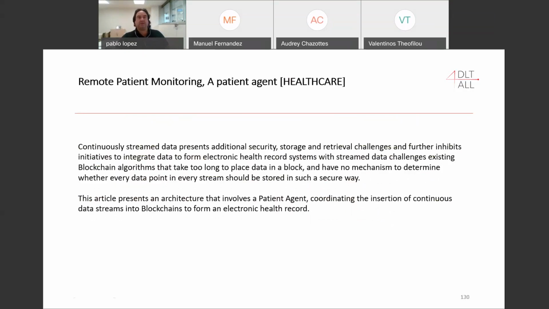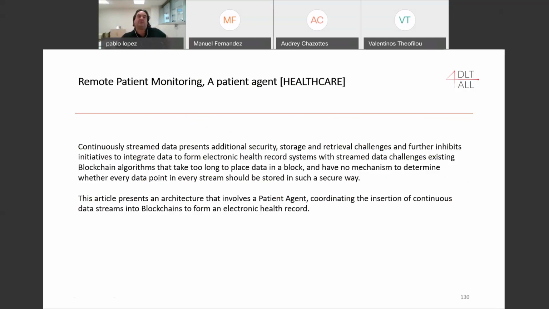For example, remote patient monitoring with a patient agent, and the big problem of managing the health data of patients. Here we have a problem description, and with it an architecture that tries to show us how it can be solved.